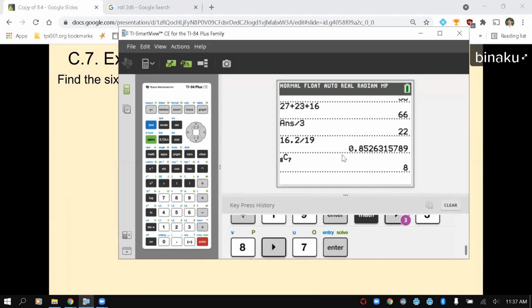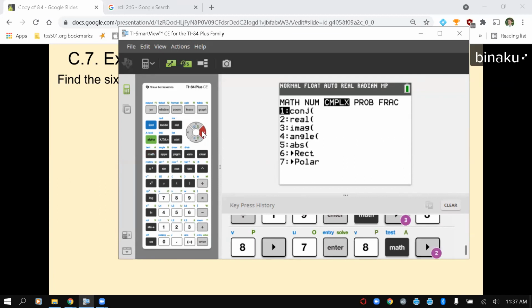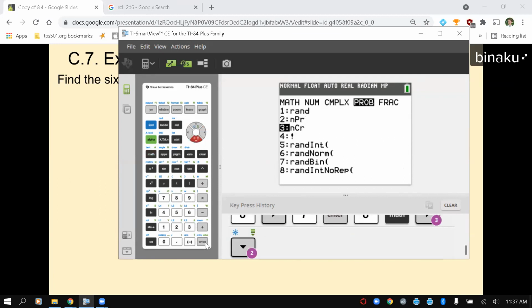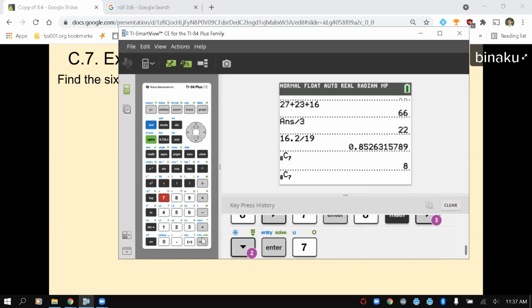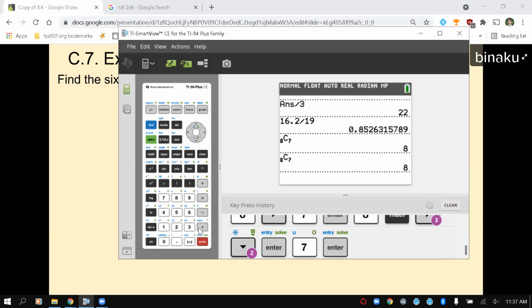If your calculator does not look like mine, you might have to do 8, math, NCR, then 7, enter. You might have to type the 8 in first before you grab the NCR function.